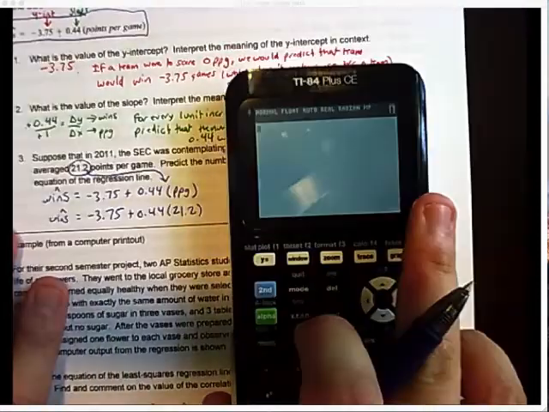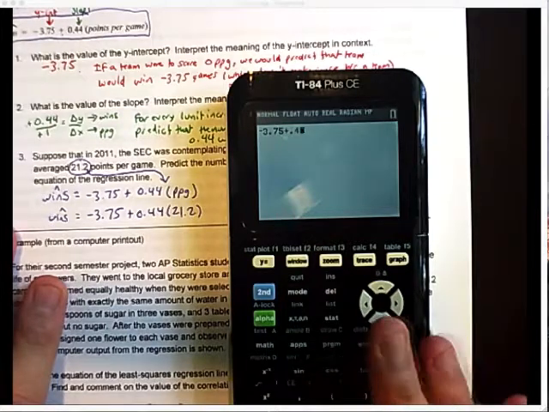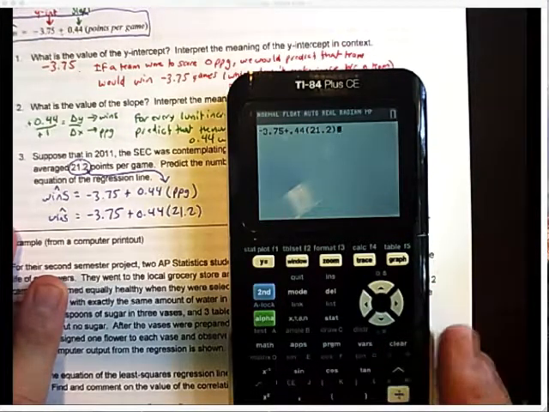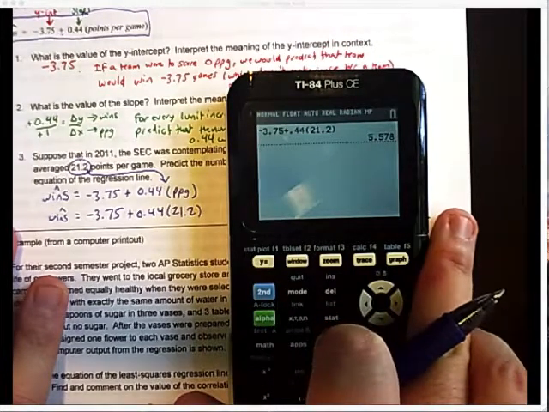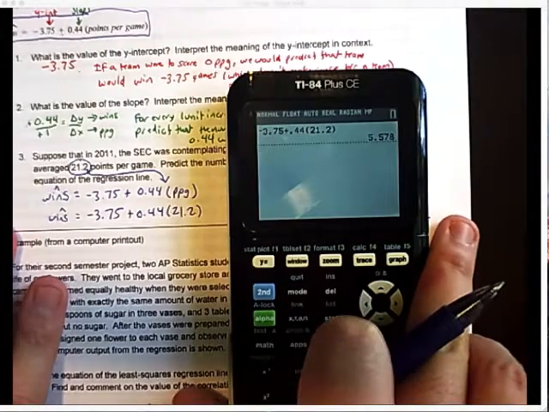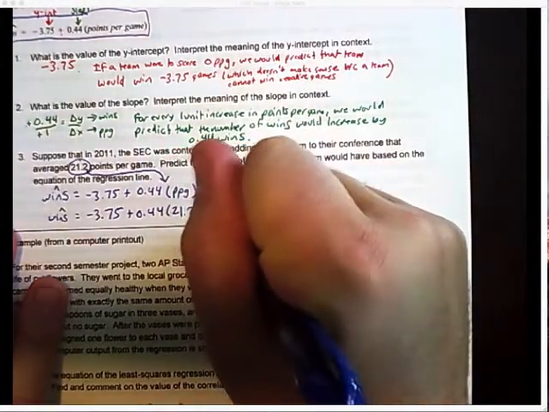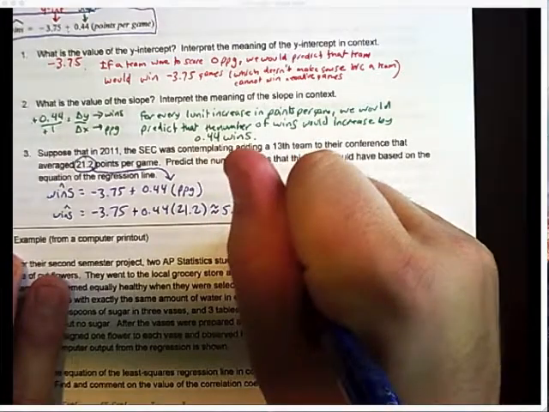I'm just going to put that into the calculator. That's about 5.58. So if this team came in, we would predict that they would have 5.58 wins.